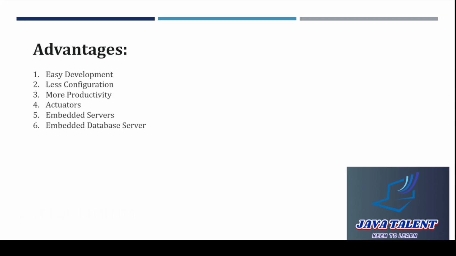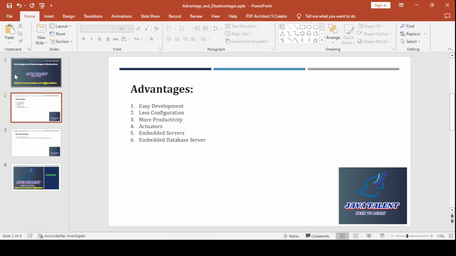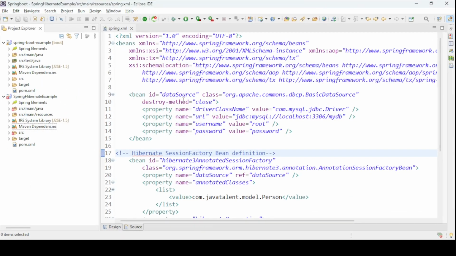Now let me show you the practical. Why are we saying it is less configuration? Let me open this. I have taken one Spring Hibernate example and one Spring Boot example. This is the Spring Framework application, not the Spring Boot application.